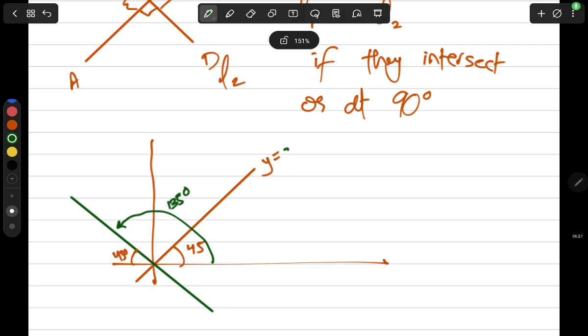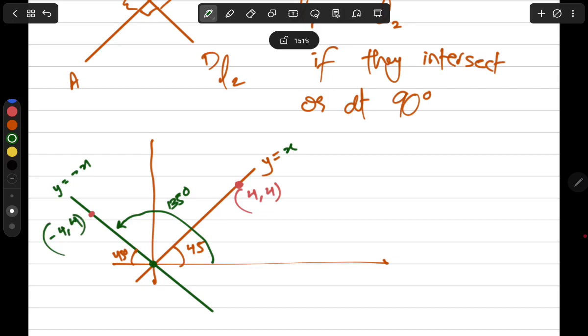Now this is the line y equals x and this is the line y equals negative x. So we can take a coordinate. If I take a coordinate here, let's say 4 comma 4, and if I take a coordinate here, then this is going to be negative 4 comma 4.